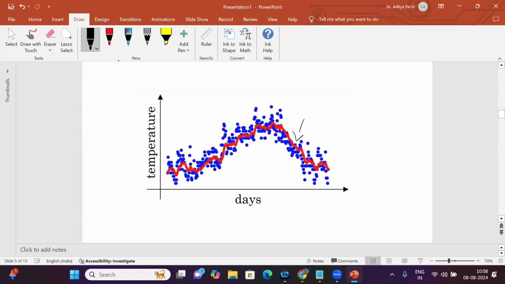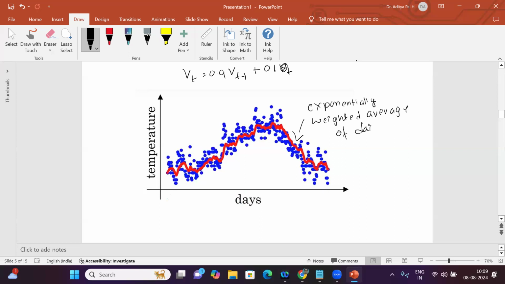As you can see, when I apply this formula, vt is equal to 0.9 vt minus 1 plus 0.1 theta t, what you get in this particular graph is a moving average, or you can say the exponentially weighted average of daily temperature.